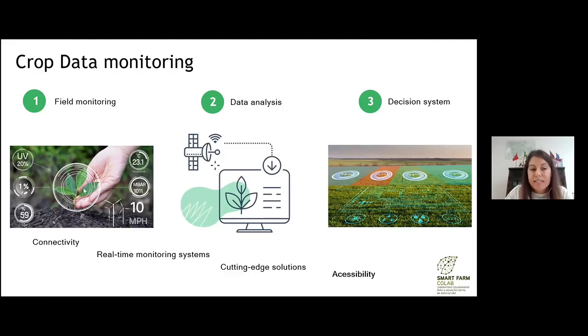And what we need is to get this connectivity into data analysis, and then to build what we call decision systems, so that through these cutting-edge solutions we can have the application and real-time monitoring systems to predict, but also to act on time.